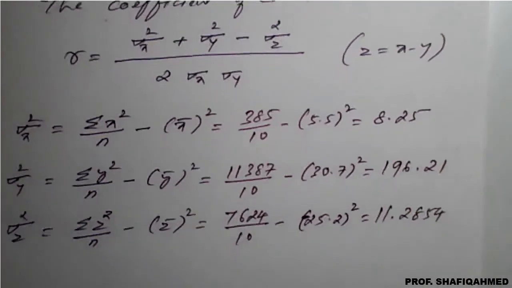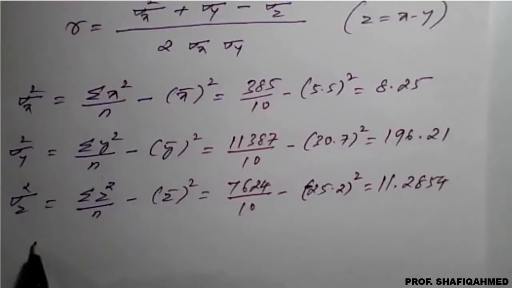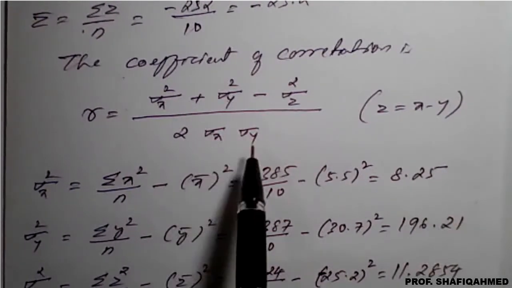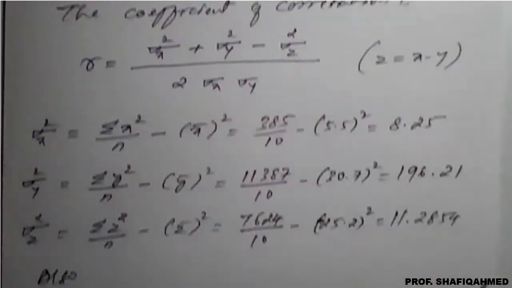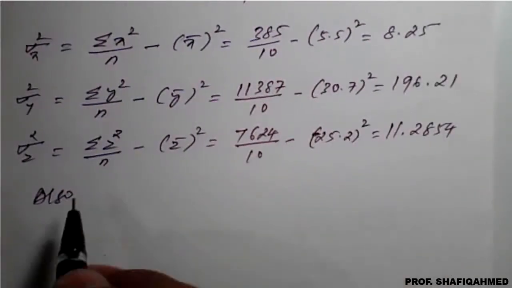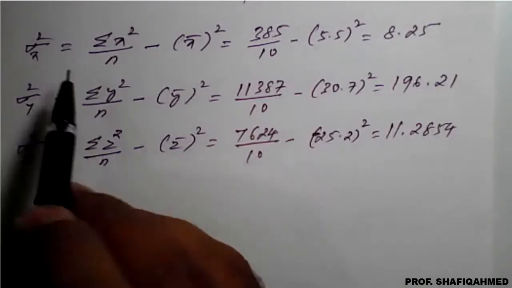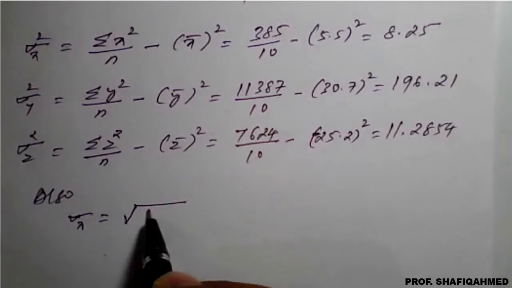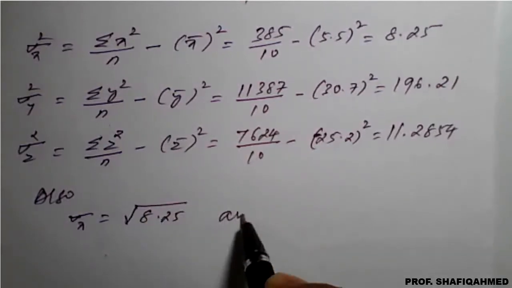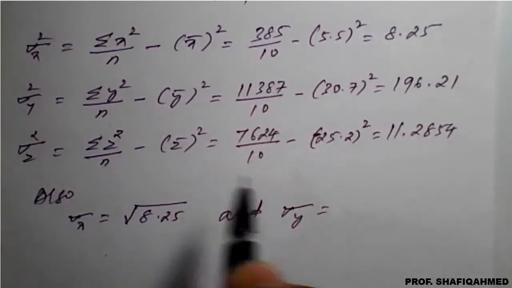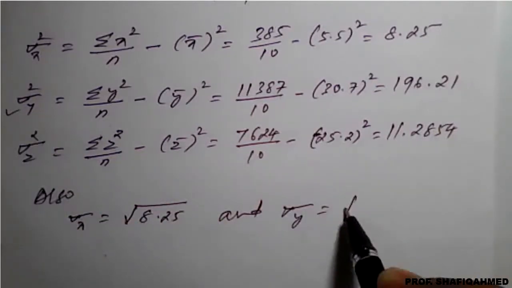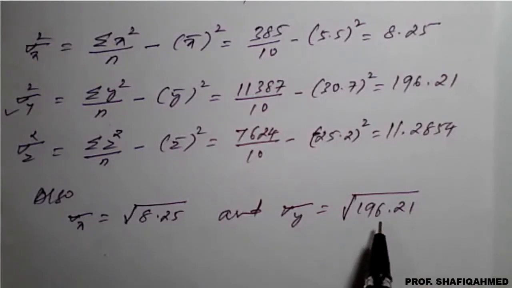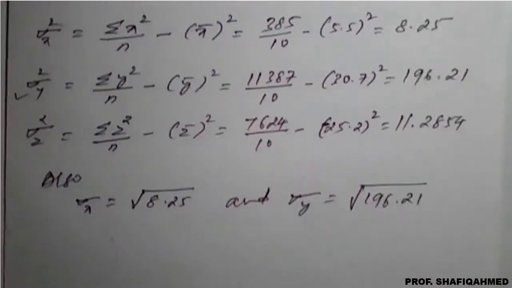So these values we need to calculate here. For the formula, we needed a standard deviation of x and standard deviation of y. So therefore standard deviation of x, directly I am writing from this, is square root of 8.25, and standard deviation of y from this is square root of 196.21. These two values will apply here and we'll get the r value.